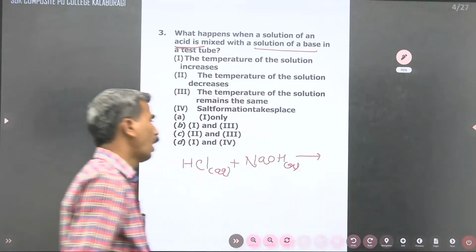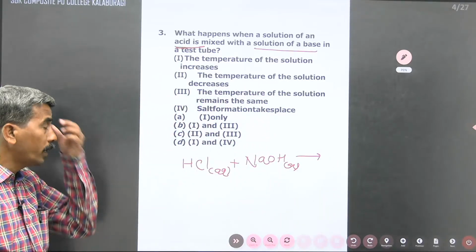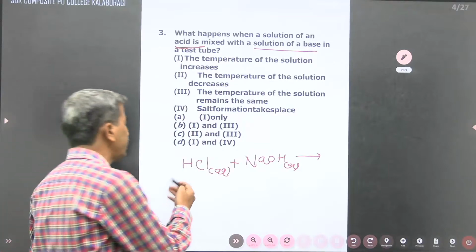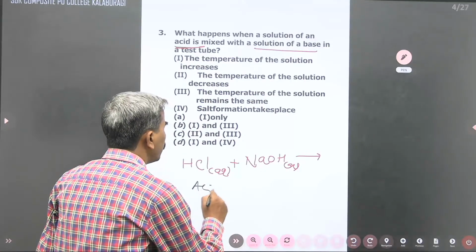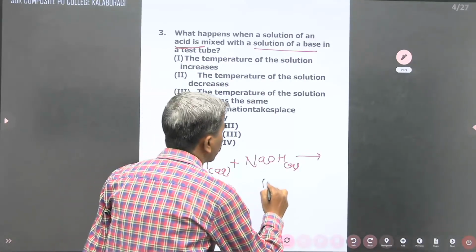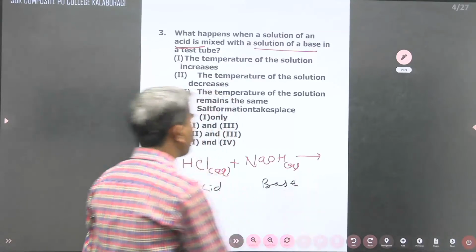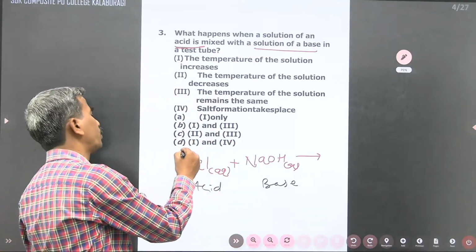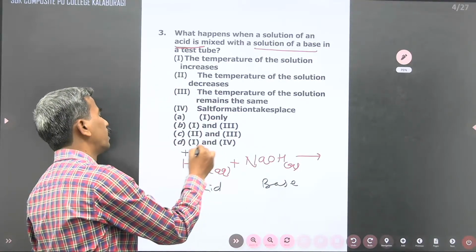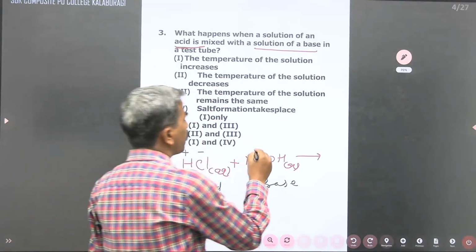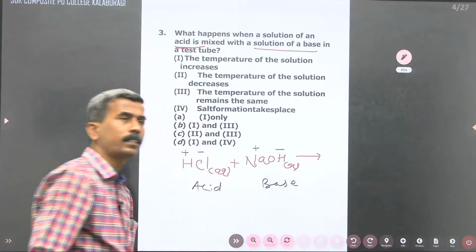As we already discussed in the reactions of acids, what will happen? In aqueous solution, the acid will produce H plus and its anion. Bases will produce OH minus and its cation.